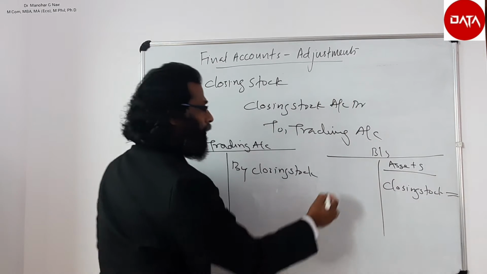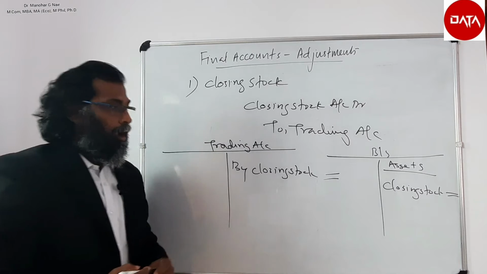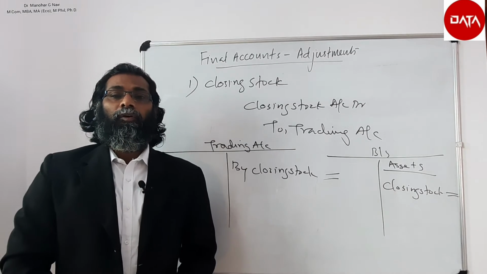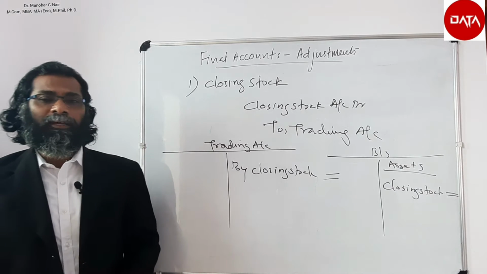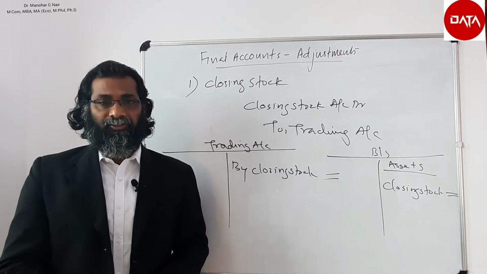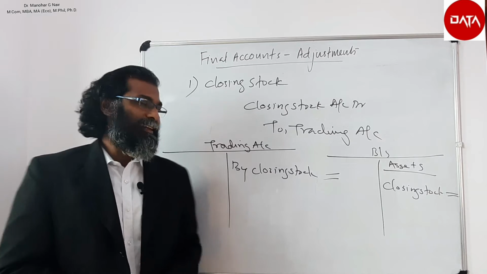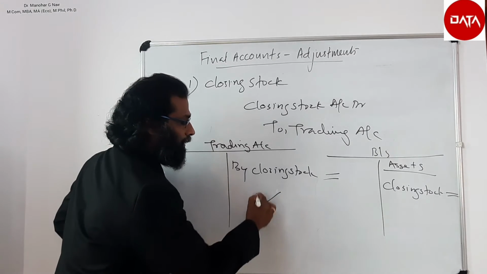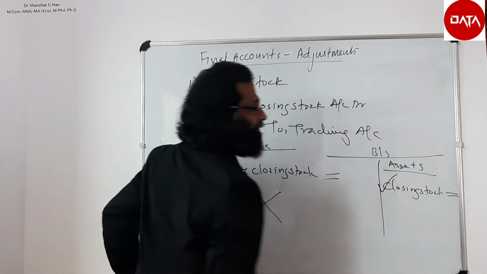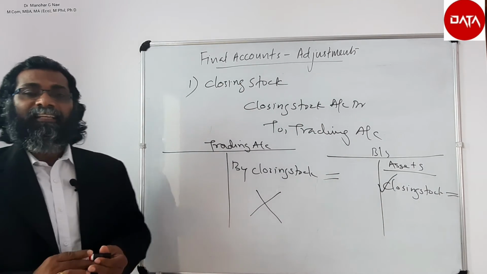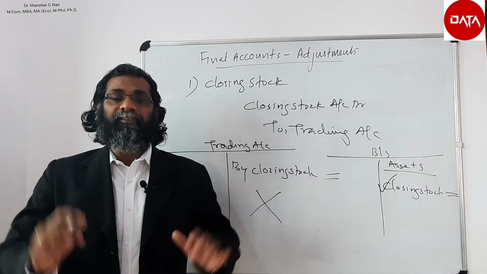This is the twofold effect of the item closing stock. Suppose the closing stock is given inside the trial balance, then it need not be taken in the trading account, but it needs only to be taken in the balance sheet, just like any other asset.